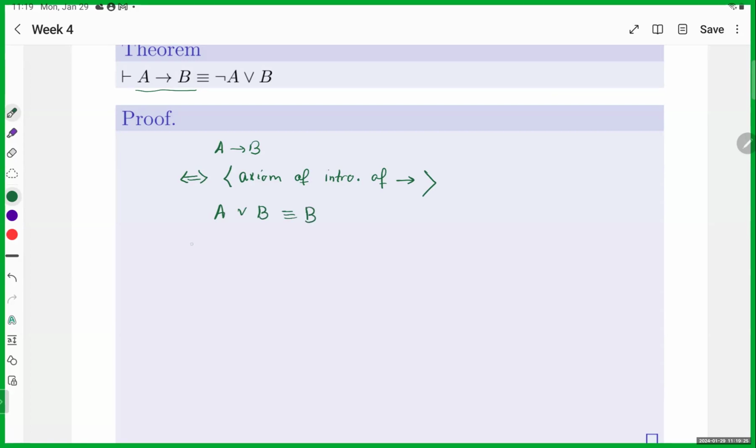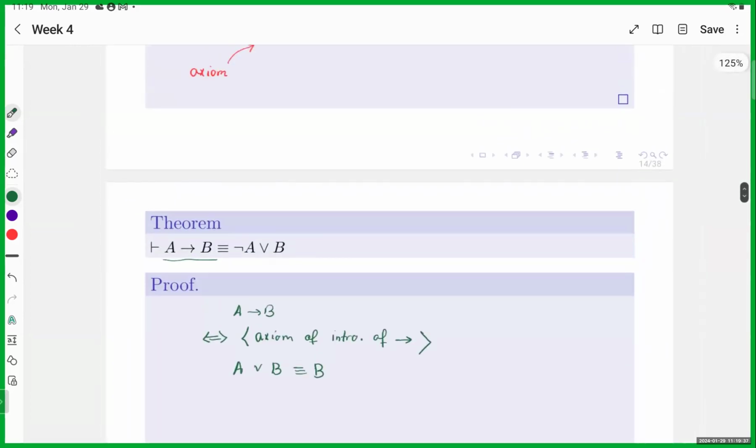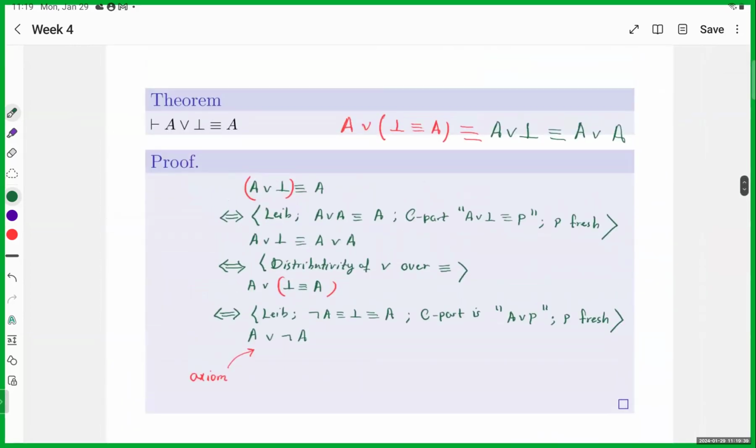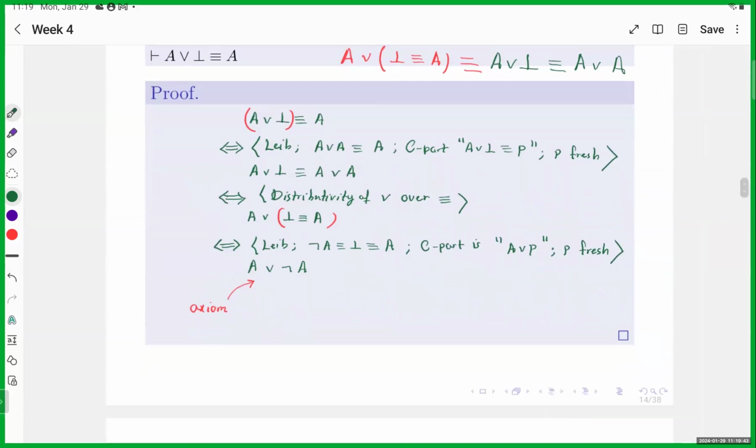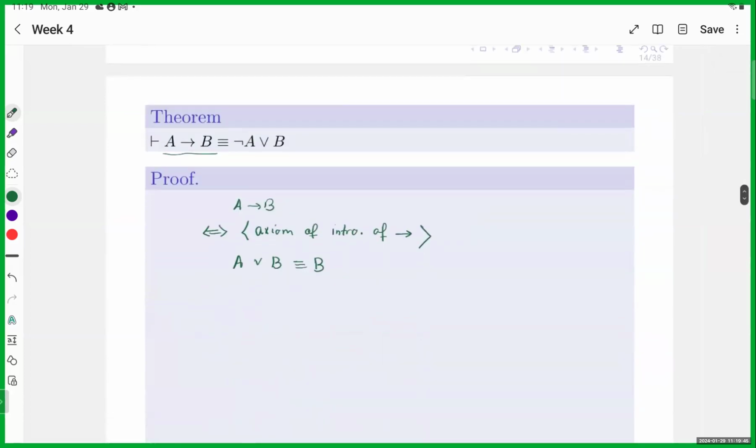Now what do I want here? All right, how about we use the thing that we just proved, that A is equivalent to A or bottom, but just use it for B. Before I write it, I'll make up my strategy.